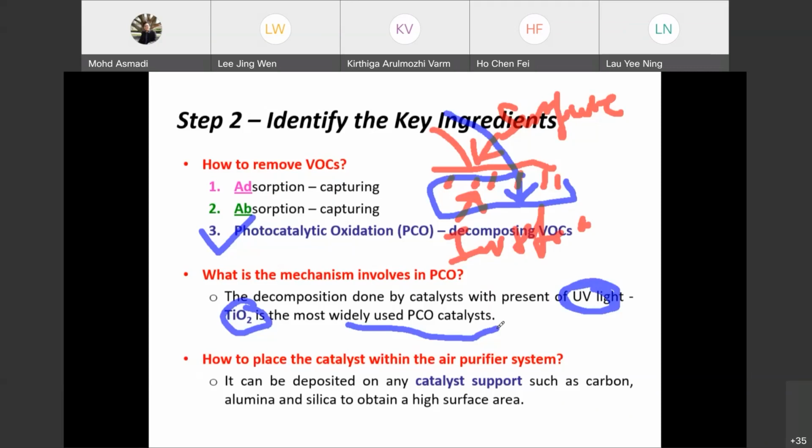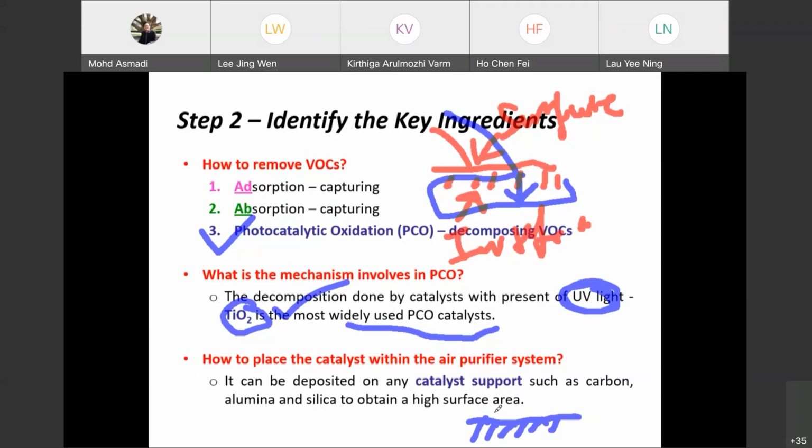Generally, this catalyst, this component, we put on a support. If you still remember from chemical reactions, we have the support and we mix it with other metals.